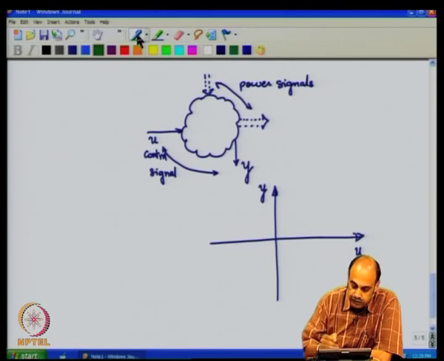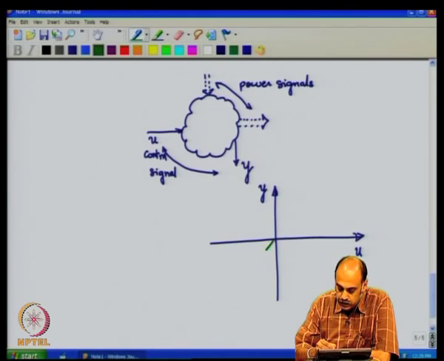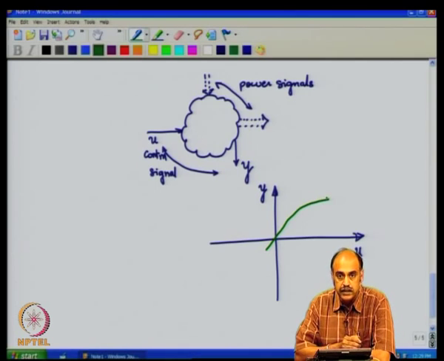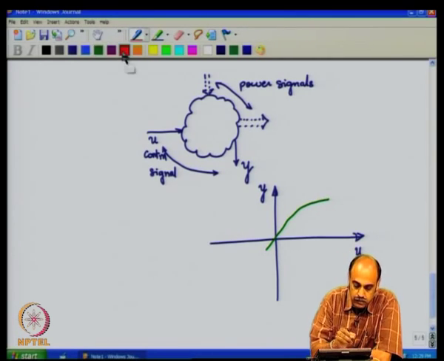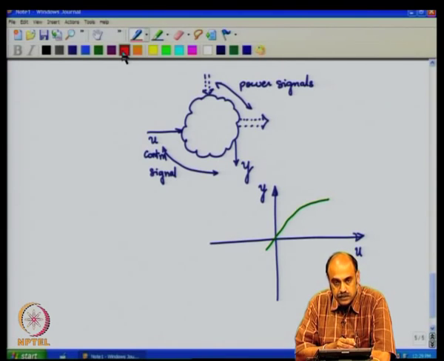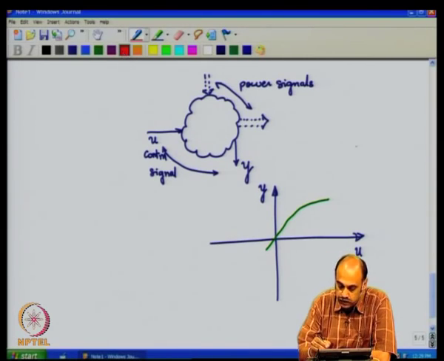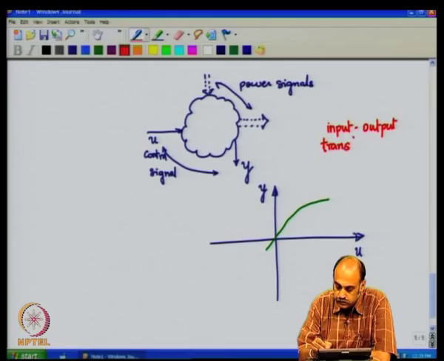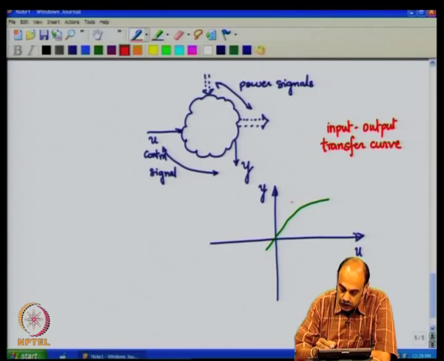Therefore, consider a general plant which is not linear, and let us say for this input output transfer curve, there can be various operating points like that.